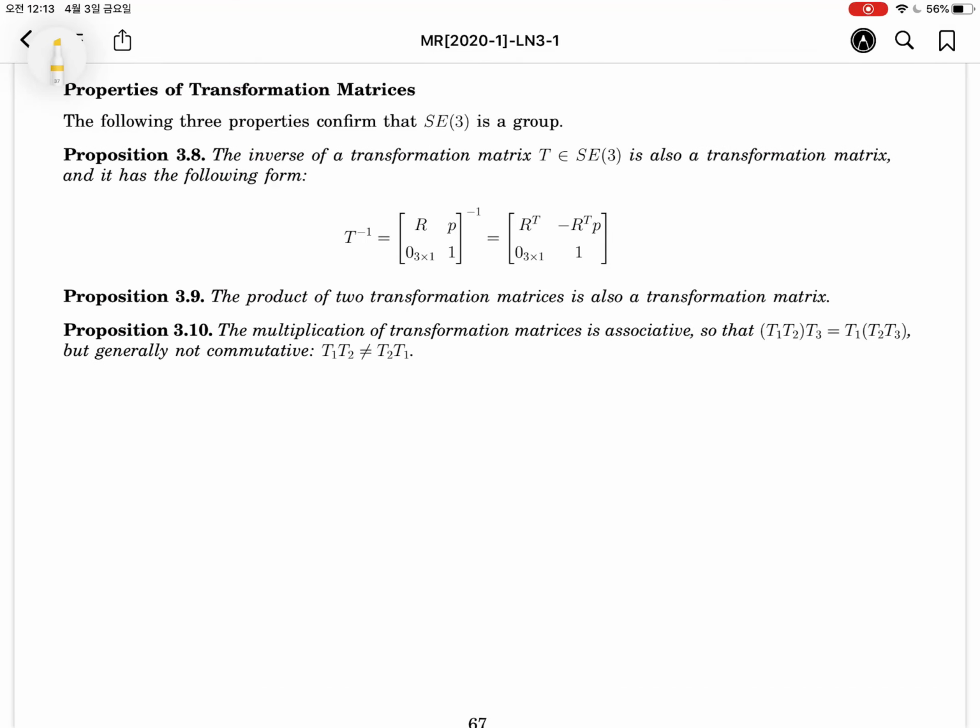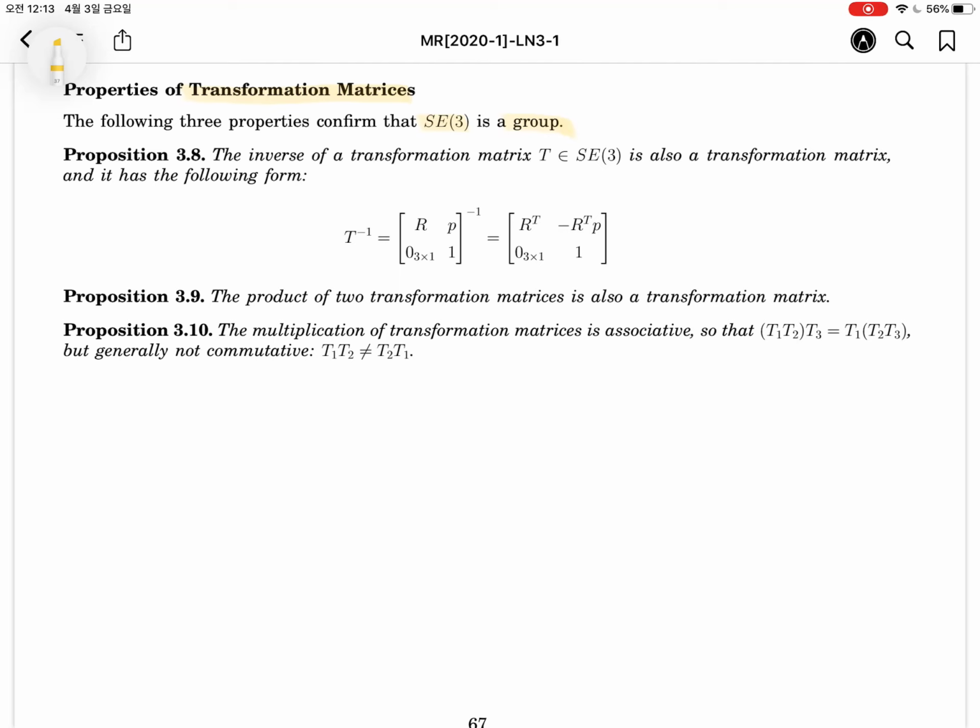Similar to the rotation matrix, the homogeneous transformation has similar properties. In the previous lectures, SO3, not SE3, belongs to a group, is that right? In order to be a mathematical group, we need four properties.